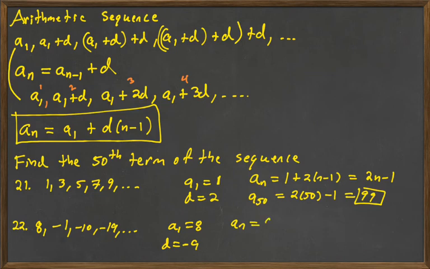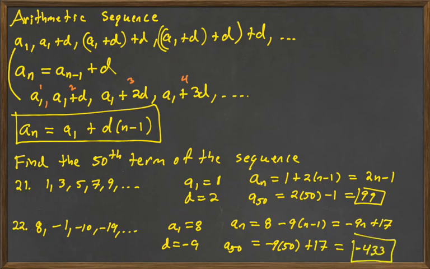So a_n is equal to the first term of 8 plus whatever your common difference is, so minus 9 times (n minus 1). And that simplifies down to negative 9n plus 17 as our nth term formula. So a_50 is equal to negative 9 times 50 plus 17, which is going to be negative 433.